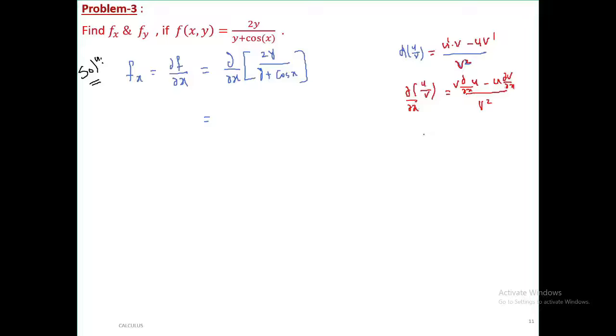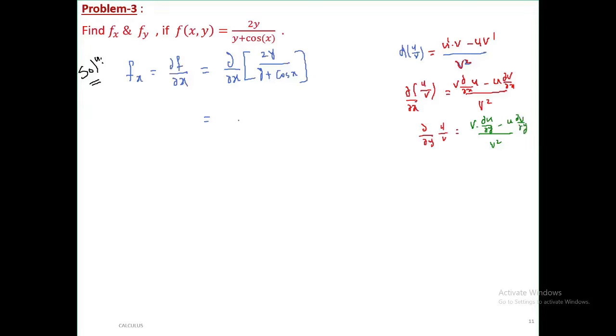Same thing, again dou by dou y of u by v. How to attack this? Again same story. First v square, then the numerator derivative: denominator as it is and numerator derivative with respect to y, dou u by dou y, minus numerator as it is, denominator derivative dou v by dou y, like this. Same story, but with respect to y or x we have to fix.